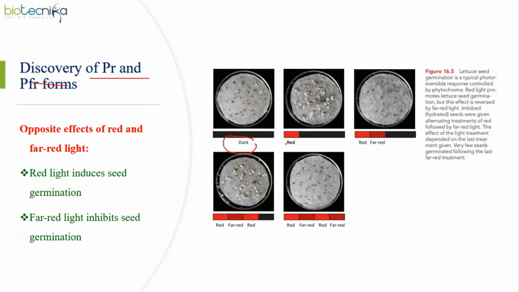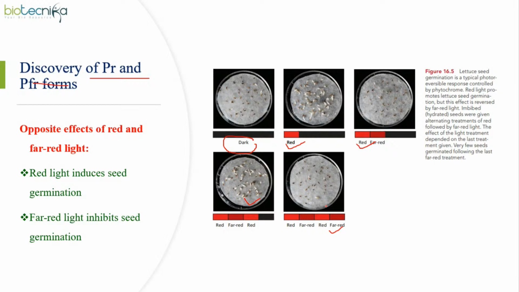But when they were provided with red light, they were germinating. Again, they exposed them to far red light, and germination was reduced. And again, when they gave red light, then far red light, and then red, germination was accelerated. Again, they tried giving far red light.